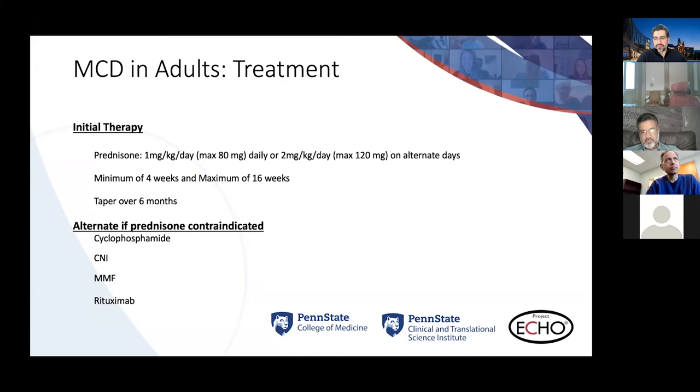Like 5 to 10, a slow tapering we do, because you need a longer tapering off. It could be 4 months or 6 months total taper off, but again, you wait about 2 weeks after complete remission on the same induction dose before we start tapering off.